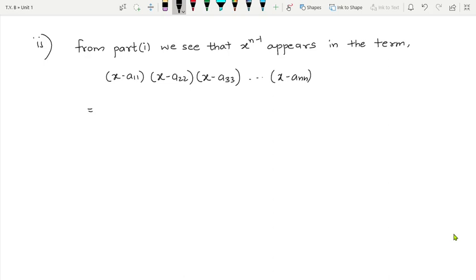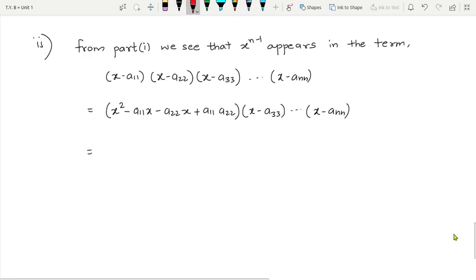So it will be x square minus a11 x minus a22 x, and then you are going to have plus a11 a22 multiplied by x minus a33 and so on up to x minus ann. Now I will take the product of this term with x minus a33.